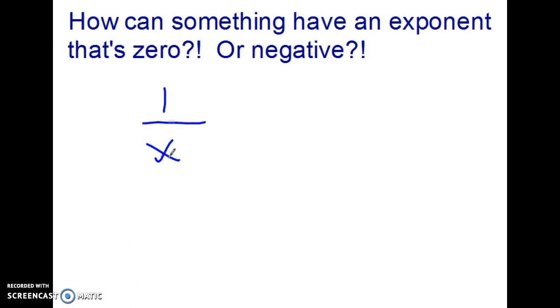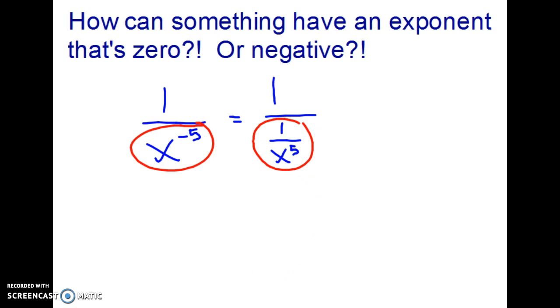Well, the question comes up then, that's great, but what happens if somebody has written 1 over x to the negative 5? What do you do then? Well, it looks a little sloppy at first, but let me show you what happens. Based on what you just learned, you know that x to the negative 5 is the same thing as 1 over x to the positive 5. So now I've got a fraction over a fraction, and I really don't like having that.